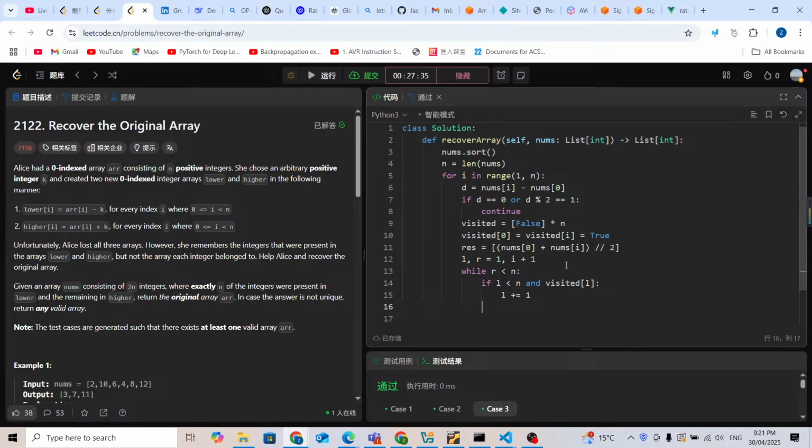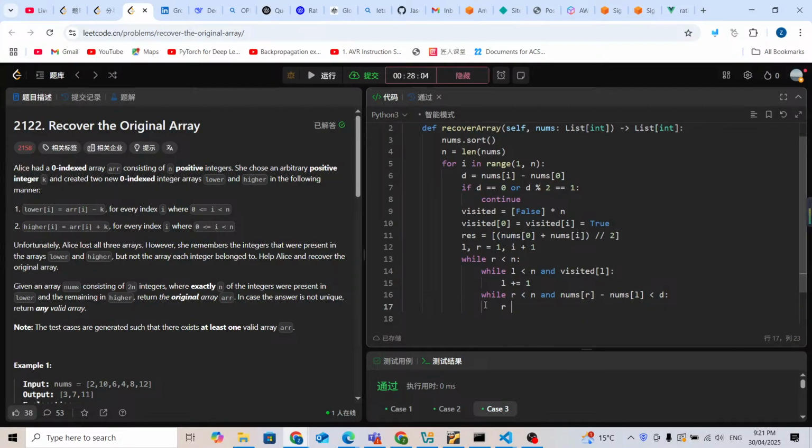Now after this check, I think it's going to be a while check. Now we're going to use r less than n and nums r minus nums l less than d.